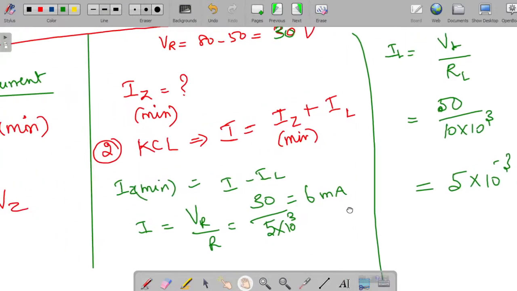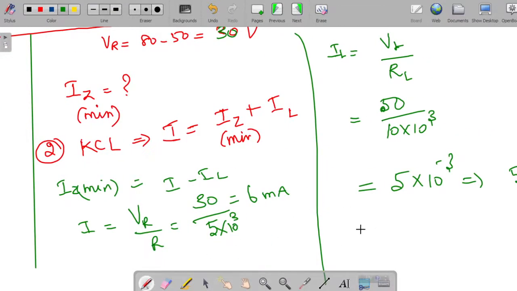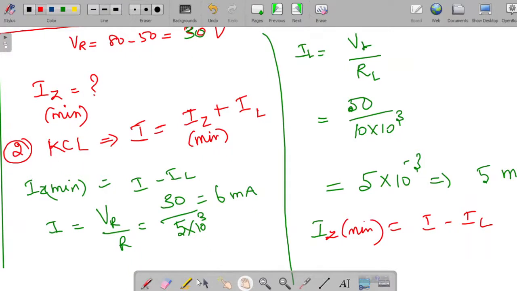So we need to find out IZ at minimum, right? IZ minimum is equal to I minus IL, isn't it? So I we have found out as 6 milliamps, minus this IL, which is 5 milliamps.